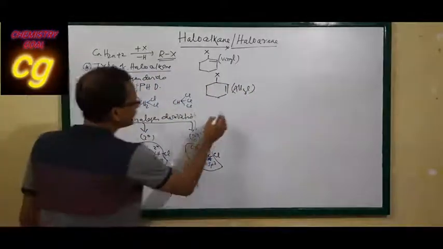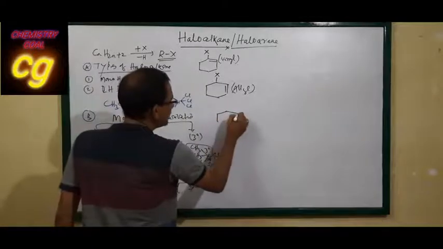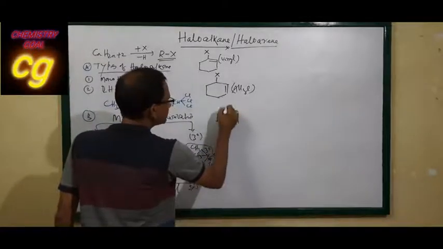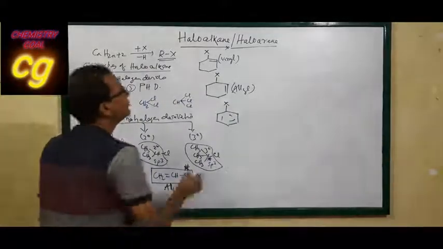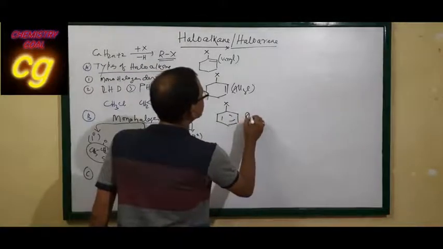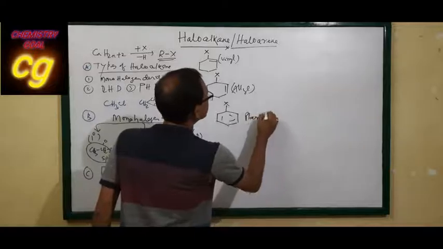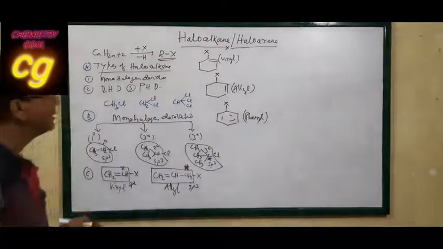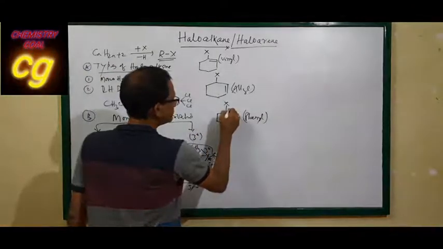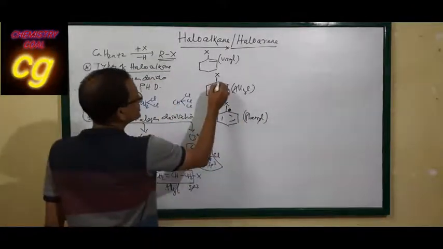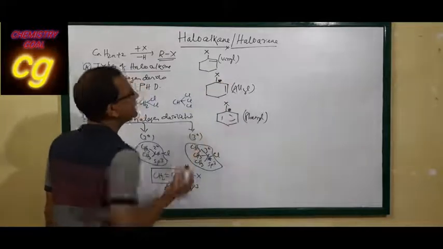But if it is directly attached to the benzene ring, this is called phenyl. This group is phenylic, but this is the allylic group, allylic carbon.